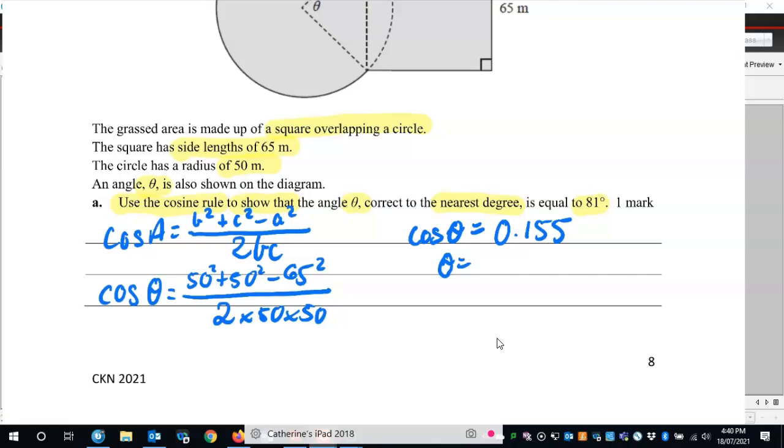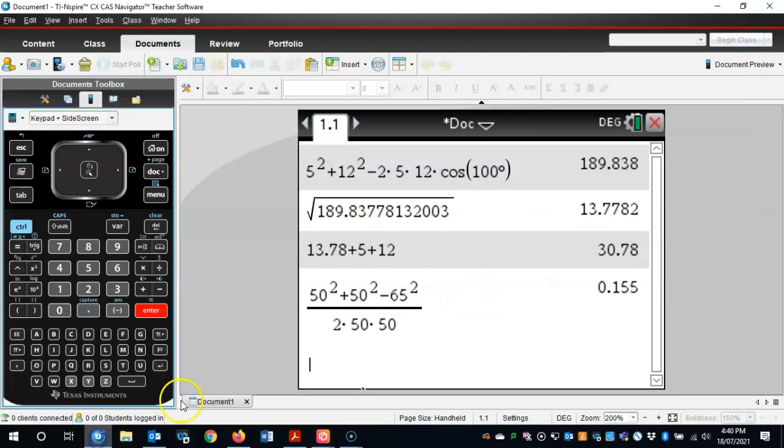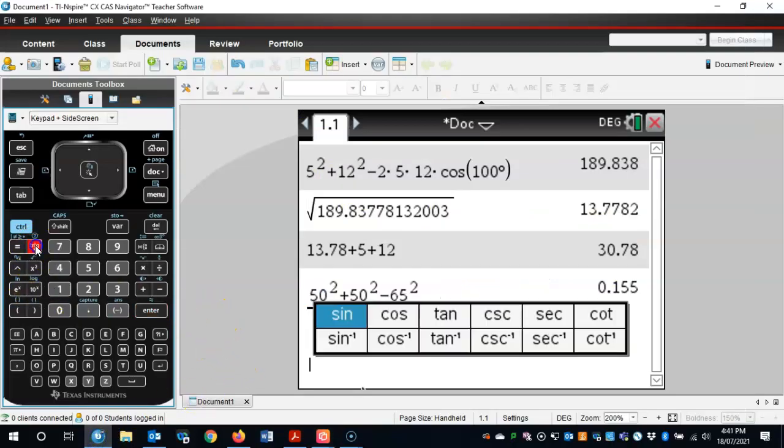So theta equals inverse cos 0.155. So theta equals, okay, let's get this back up again to just double check.